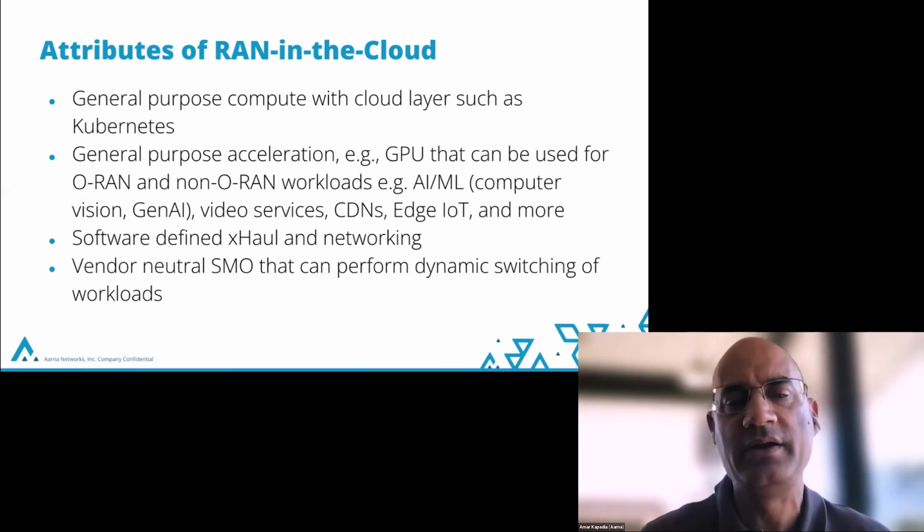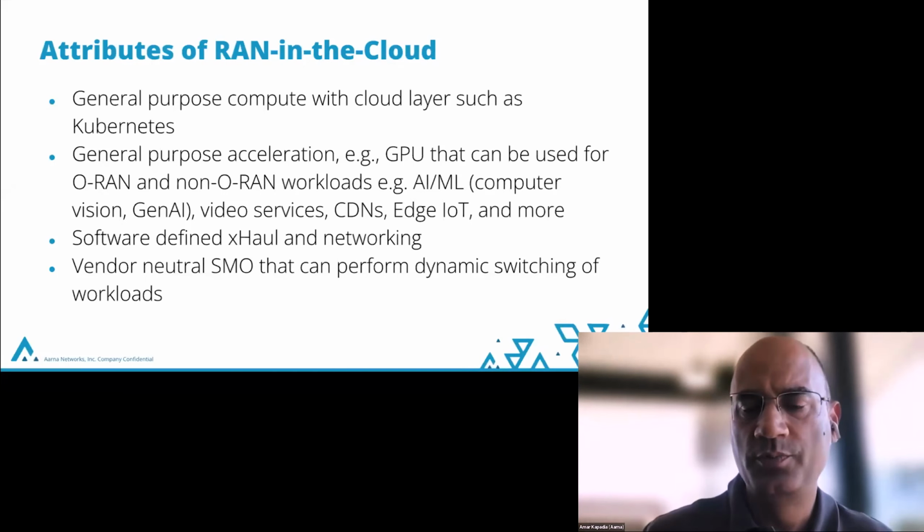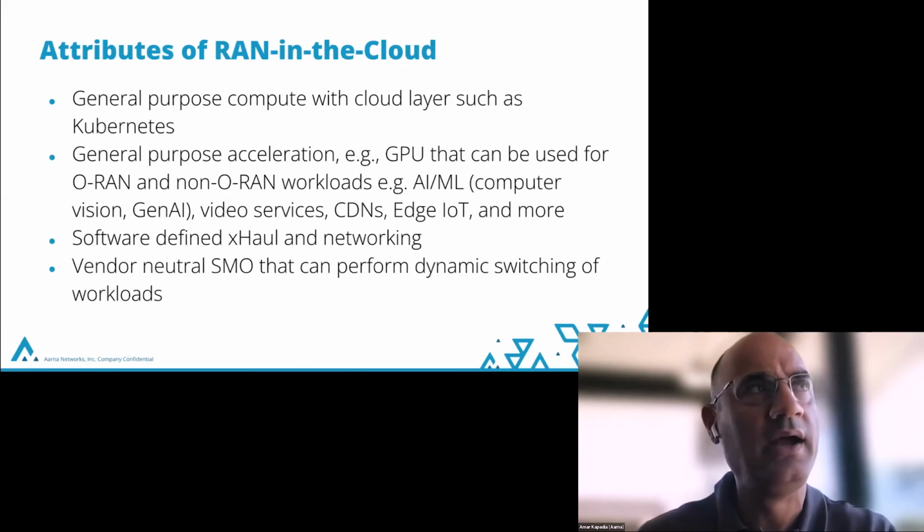Typically vendor SMOs are optimized for their own RAN, so they're not going to do something like this. So this is a huge way to, not only cut CapEx and power, it's also a great way to create demand for ORAN. So those are the high level attributes of RAN in the cloud.